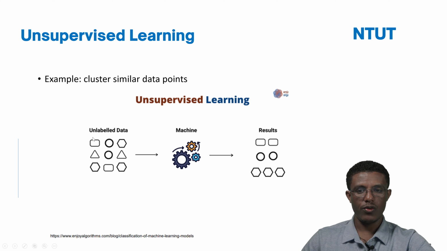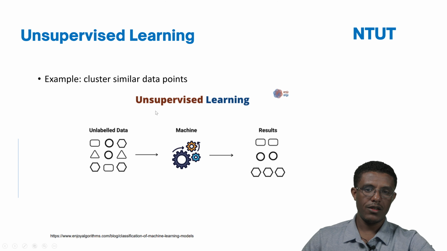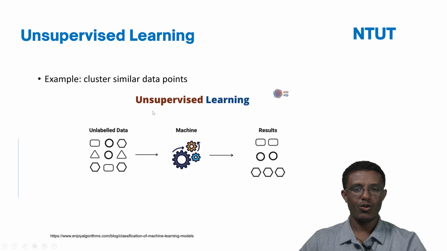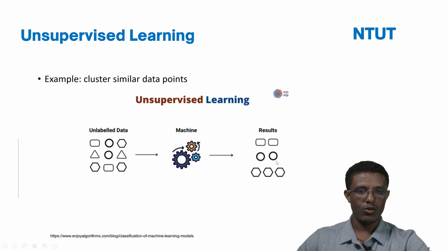The shape name of each one is not defined. We input them into the machine, and finally the model tries to cluster similar shapes into one group based on similarity: group this one in one cluster, this one in another cluster, and this one in another cluster.